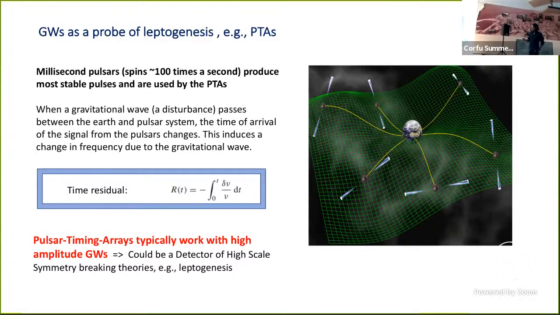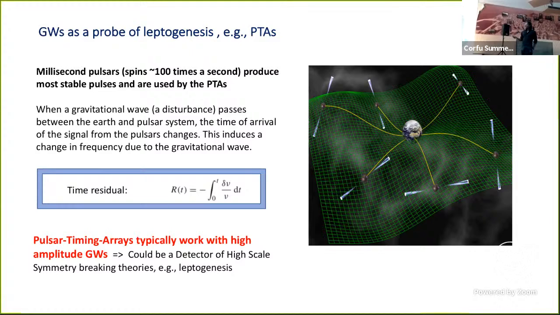Pulsars are highly magnetized neutron stars. They emit pulses, and due to the high density of the neutron star, you get very precise and frequent pulses at the Earth. If some disturbance like gravitational waves passes through this Earth and pulsar system, you can find that distortion in a measurable quantity called time residual at the Earth, and therefore you can infer whether there could be gravitational waves or not.